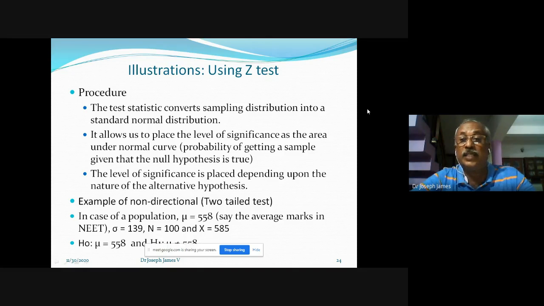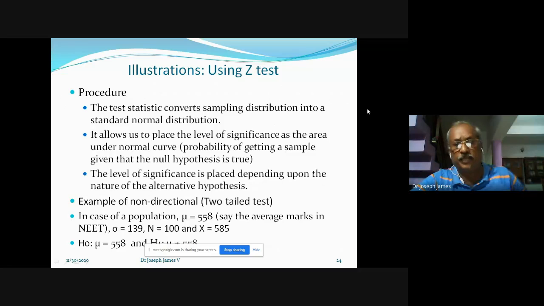The level of significance is placed depending upon the nature of the alternative hypothesis. Alternative hypothesis non-directional ആണെങ്കിൽ, or in the case of a population having mu is equal to 558, say for example, suppose this is the average marks in NEET examination, and average marks for different years, or like all India average.